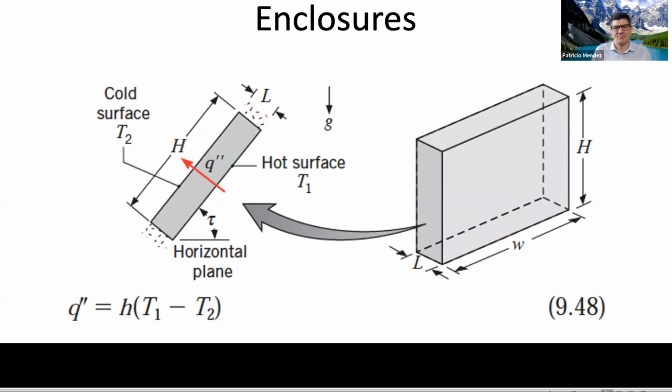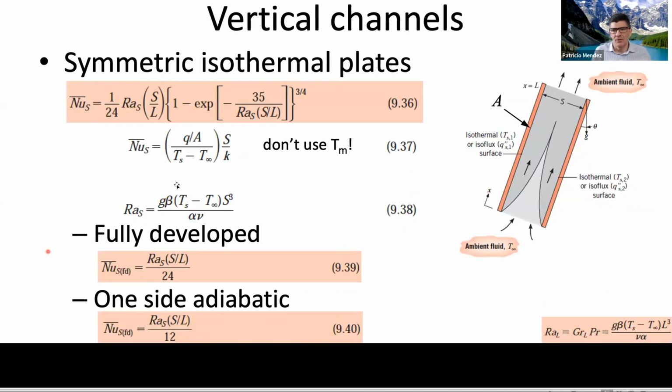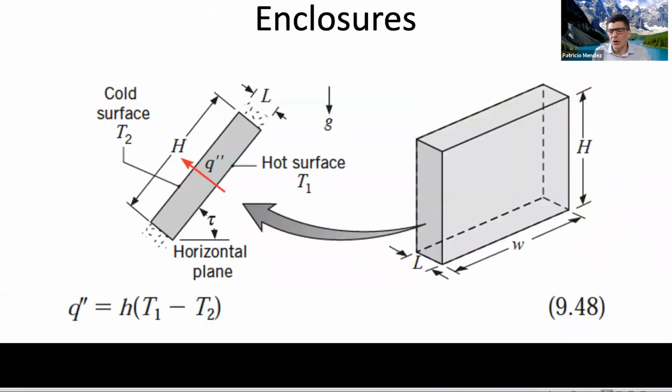Let's talk about enclosures. What we discussed just before was flow between two plates. At one end, flow comes in, and at the other, flow comes out. They are not capped. This is more or less like a chimney. In an enclosure, it looks almost the same, except now they are capped, so the flow cannot come in and out.